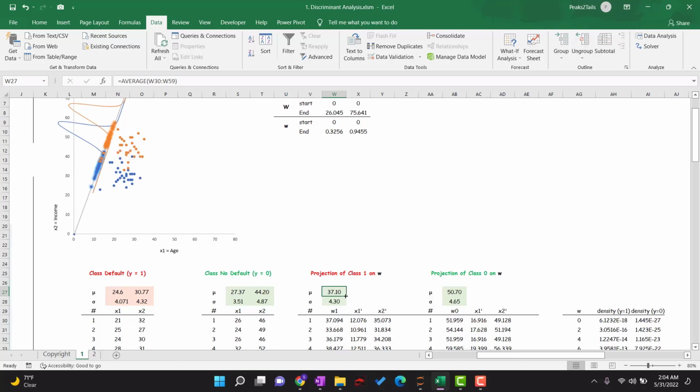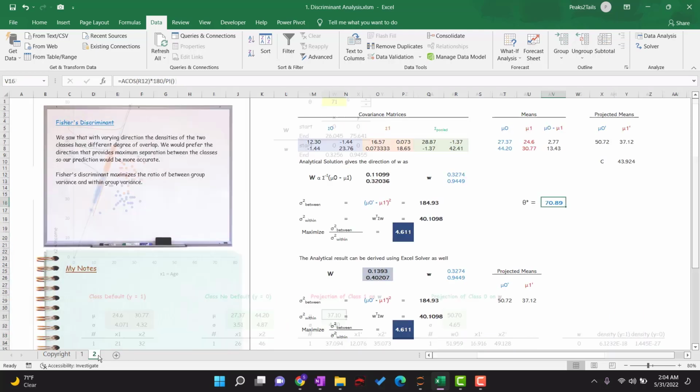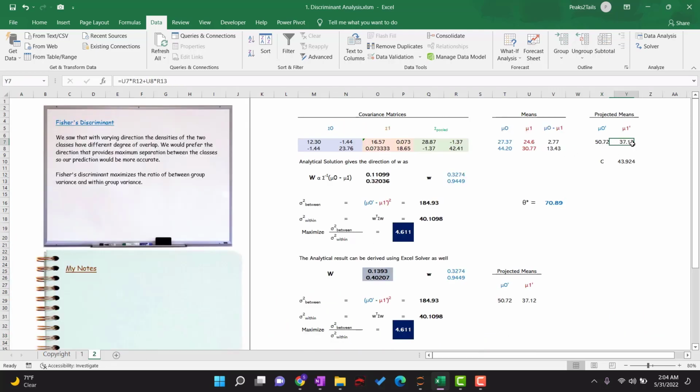It has to be higher, right? Oh, sorry, it's the opposite. Class 1 is the blue ones. So the mean is 37.10 and here the mean is 50.7 for class 0. Okay, so these two values I see here, 50 and 37.